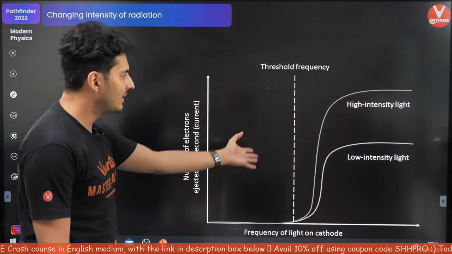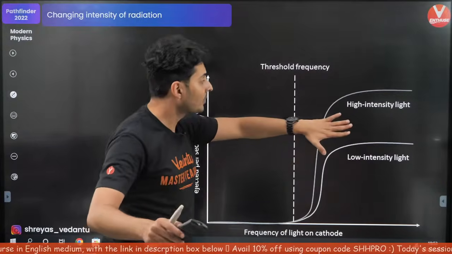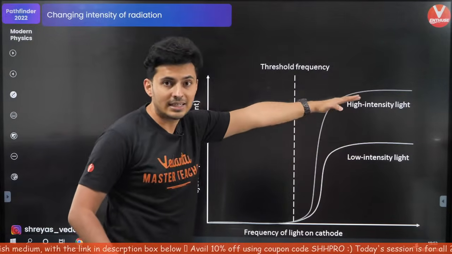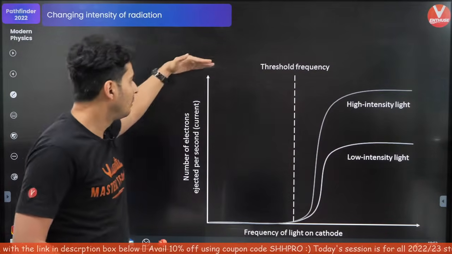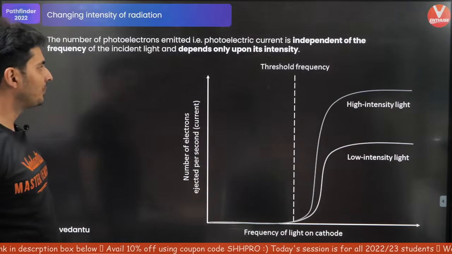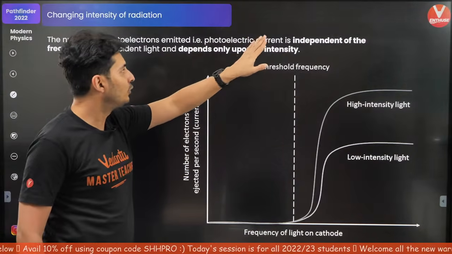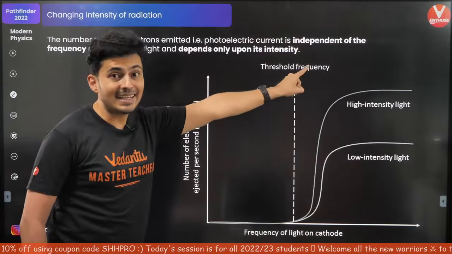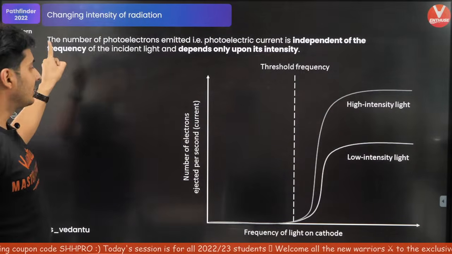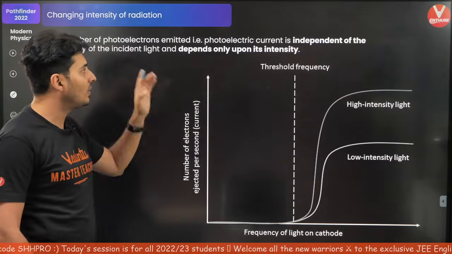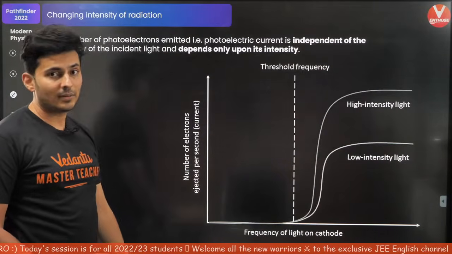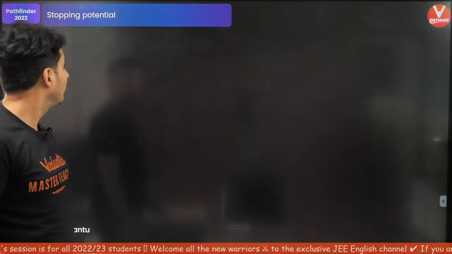After threshold, you can see the photoelectric effect occurring, and it also depends on the intensity. More the intensity, more is the current. That's what you just saw. So the number of photoelectrons emitted, that is the photoelectric current, is independent of the frequency. It only depends on the intensity of the light. Very, very important. Very good.